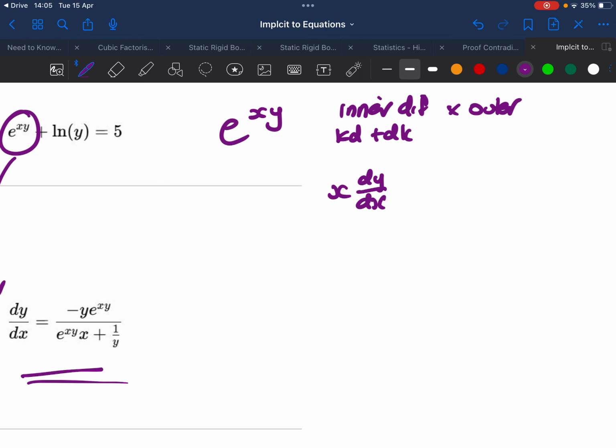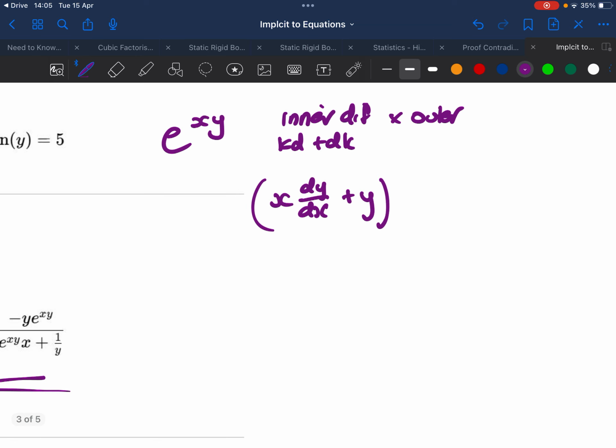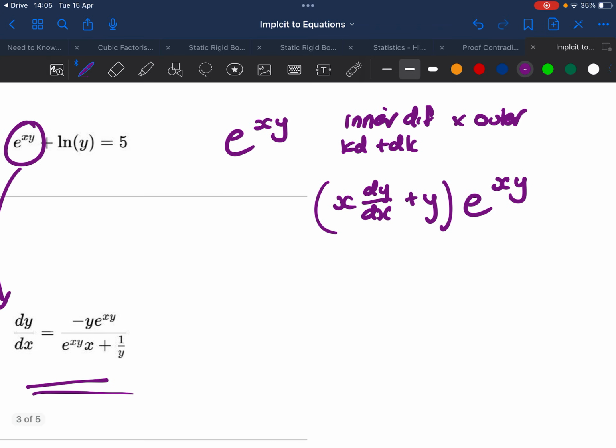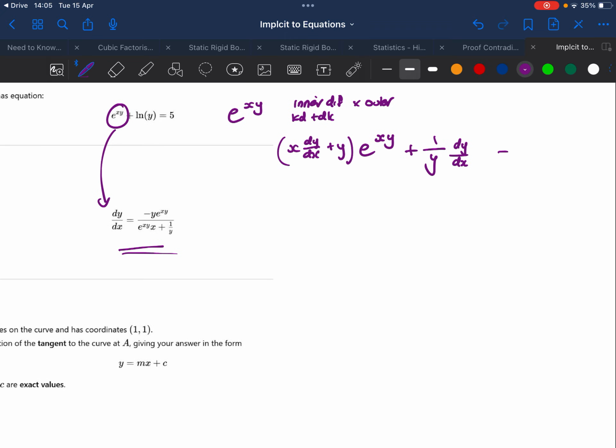And differentiate keep will give you a y. So that will be the inner part differentiated. The outer is just e to the xy again. So that's what the first term ends up doing. All right. The natural log of y is going to be 1 over y dy/dx. Okay, and the equals 5 is just going to be a 0.